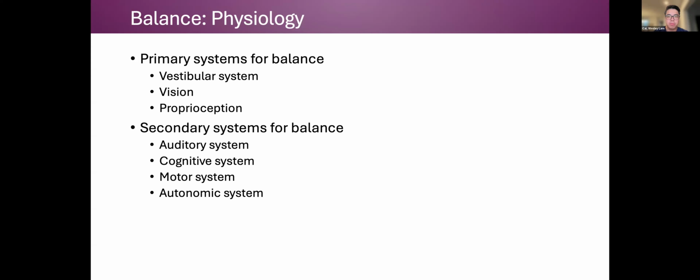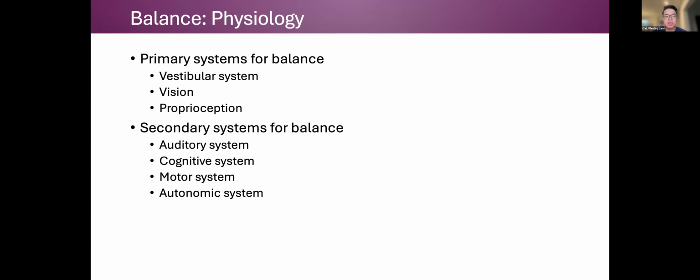So the auditory system, you are always using auditory cues to localize objects and orient yourself in space. And this is important when vision is impaired or you're in darkness. And this is essentially why the patient is experiencing balance issues, there's a sudden loss of hearing on one side. And so there's an uncompensated secondary system here for balance.